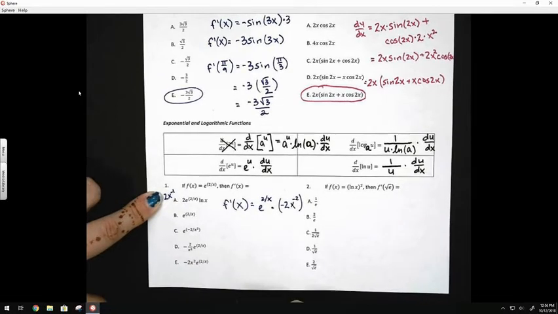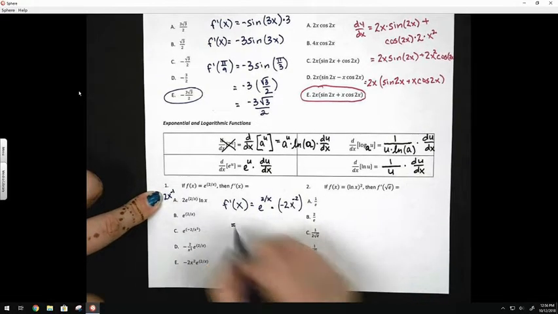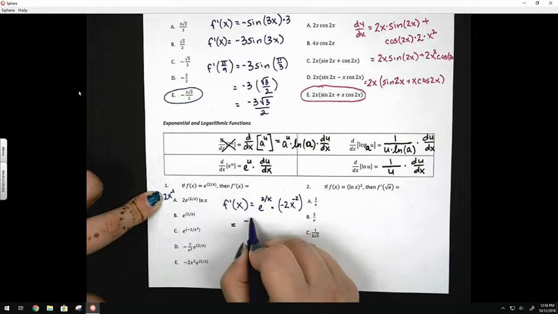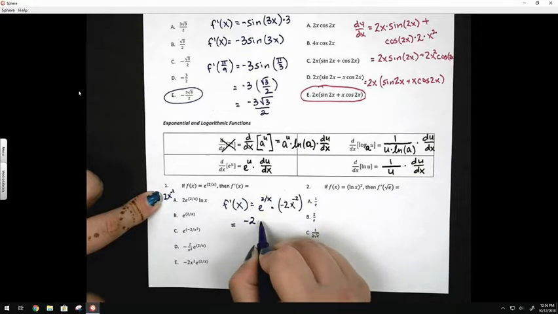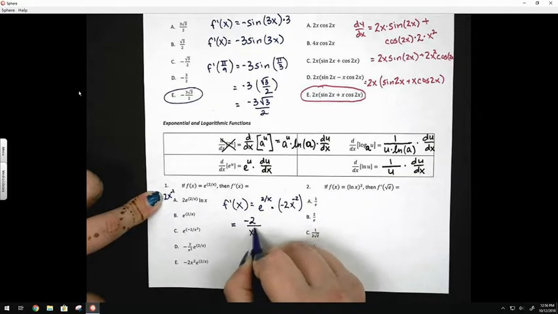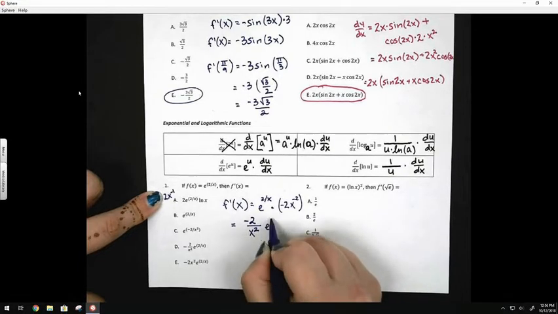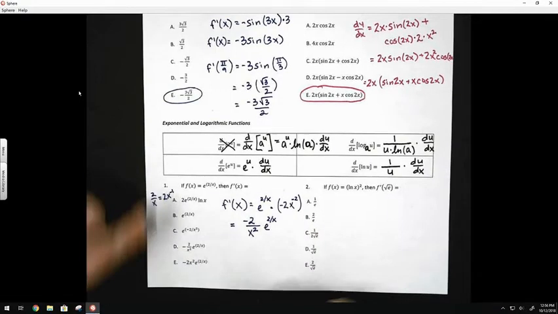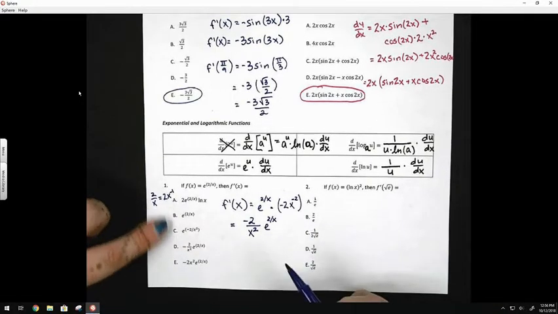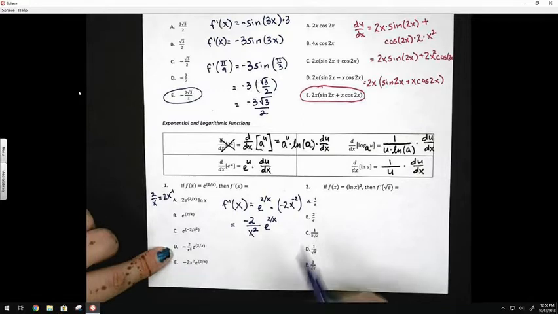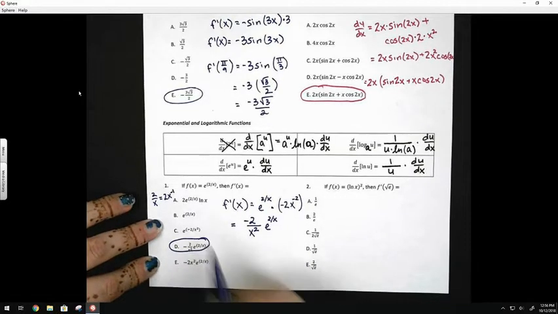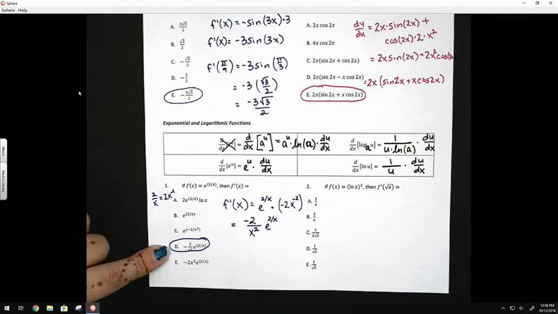Now that looks a little gross, so let's rewrite it a little bit. I'm going to do negative 2 over x squared, and then e to the power of 2 over x. And we need to see if that's an option here. It's definitely not A. Well, let's see. Here we go. D is the correct answer there.